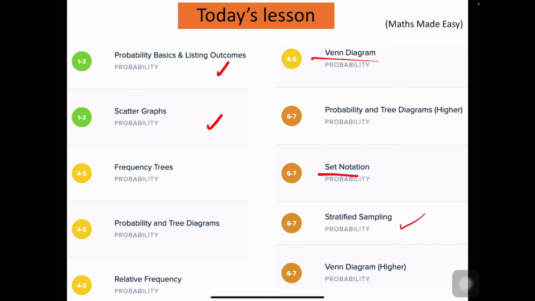We have started with relative frequency. Of course, we will talk about it again. And is that it? Yeah, there's another Venn diagrams here. So today we are covering Venn diagrams and set notation, but you will see references to some of the things we learnt last week.